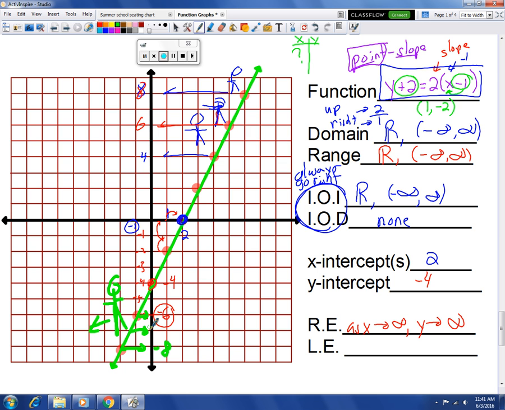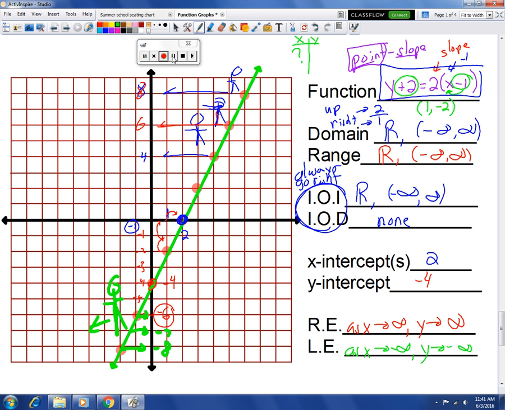Don't think you're skipping just because I'm skipping numbers there. I'm just finding the points that are graphed. You get -6, then -7, then -8, -9, and so on. So as x approaches negative infinity and goes left, y approaches negative infinity.